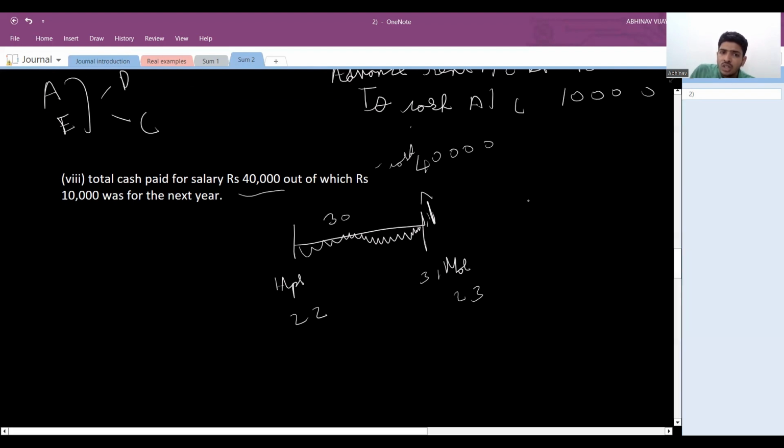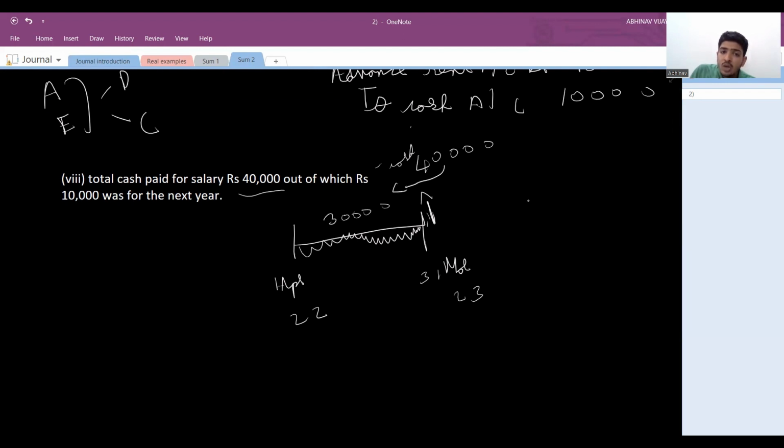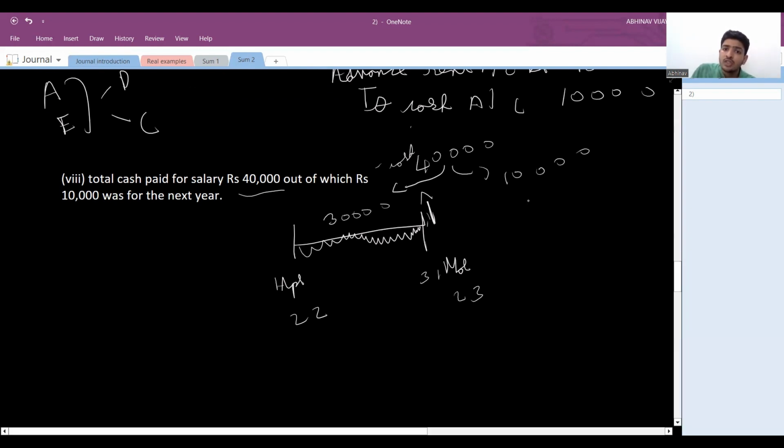So out of this 40,000, 30,000 is the value of the benefit you already took. The value of the employee services whose benefit you already took is 30,000 and 10,000 is for next year.